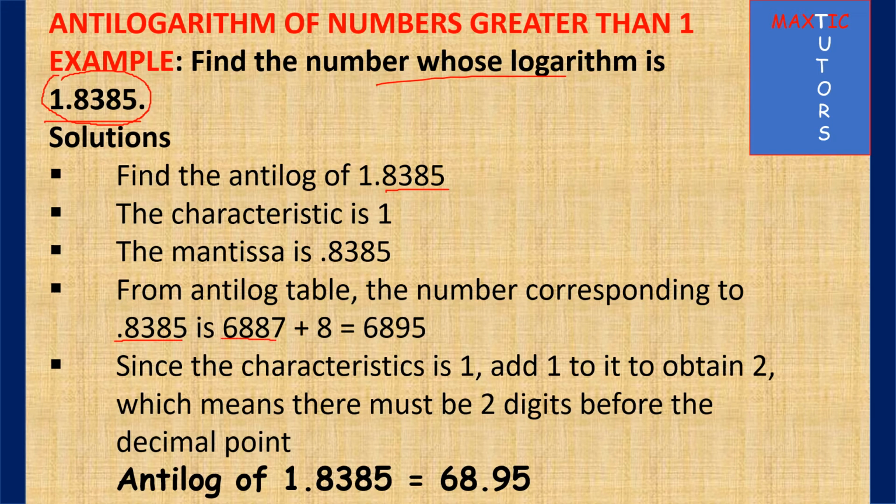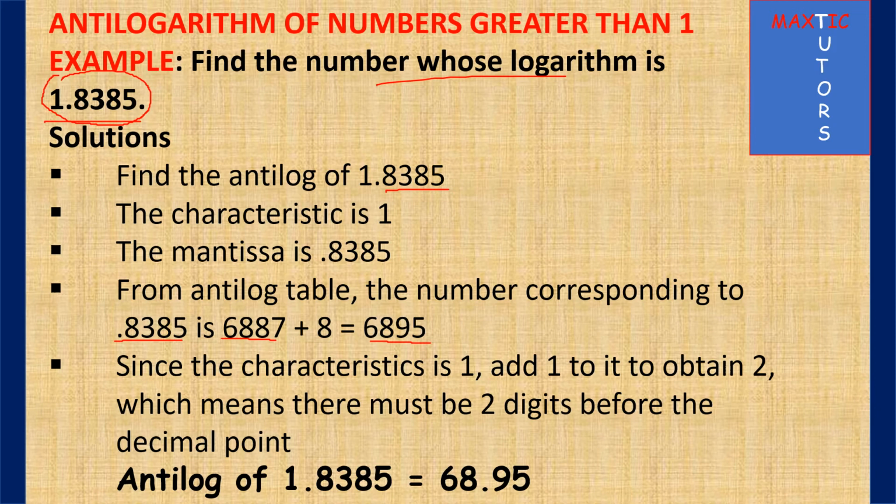6887. So 83 under 8 will give you 6887. Then difference 5 will give you 8. And when you add it together, you have 6895. And since the characteristic is 1, for antilog now you are adding 1 to it. So add 1 to that characteristic, it will now give you 2.